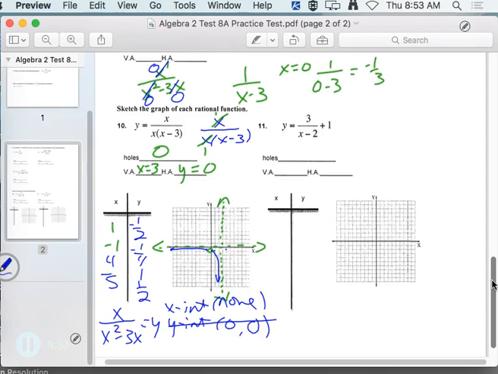Oh, I wrote over the top of something. There was a positive one there. Couldn't have been. Yeah, 5 positive. 4, 1, 5. There you are. And make sure you put arrows on it. And then it's kind of off a little bit.